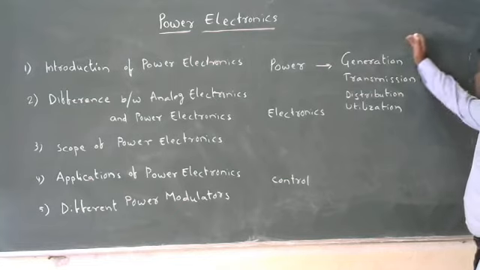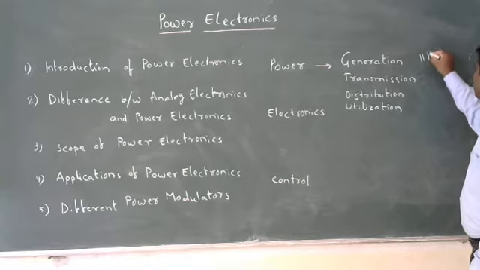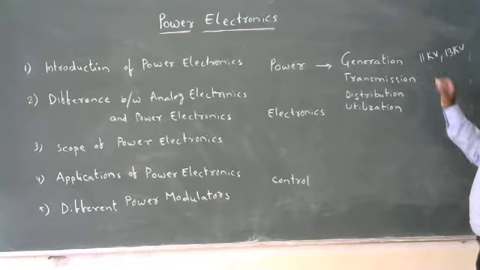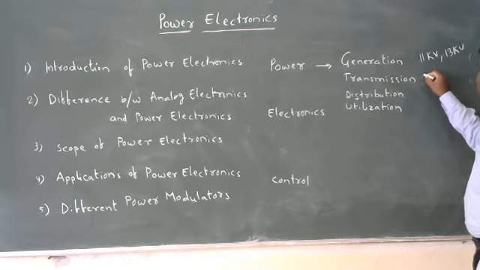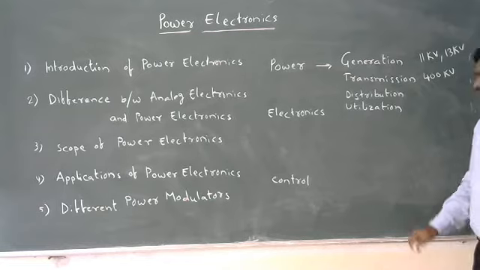Means what? Generally the generating voltages are at 11 kV, 13 kV levels only. But in case of transmission, we have to step up that generated 11 kV and 13 kV up to 400 kV, so that it can be transmitted with less losses.